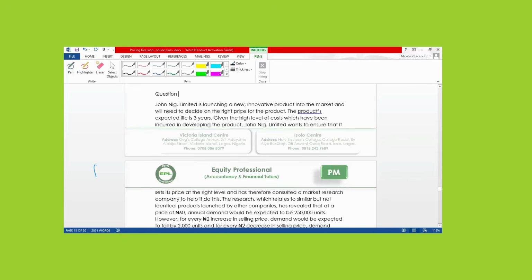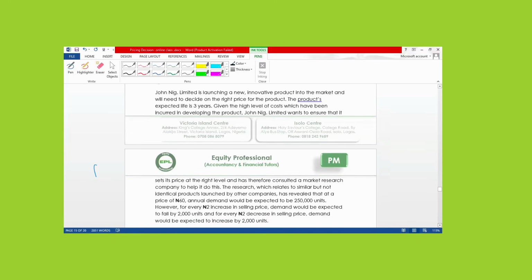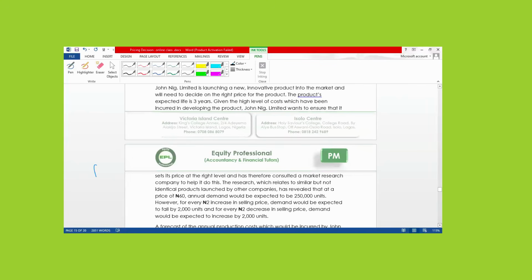The research, relating to similar but not identical products launched by other companies, reveals that at a price of 60 naira, annual demand is expected to be 250,000 units.